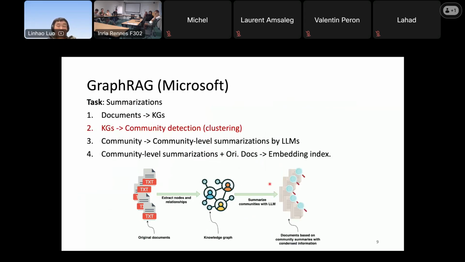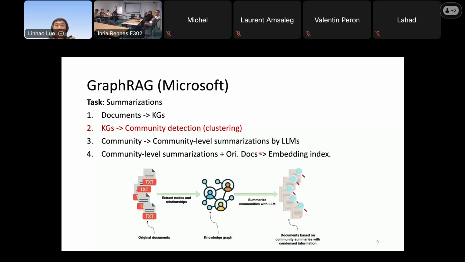Because the knowledge in each community is densely connected in the graph structure, it basically describes the same things. So they generate community-level summarization. Then during the generation step, we can retrieve both the community-level summarization and the original documents, and provide such information for the summarization.